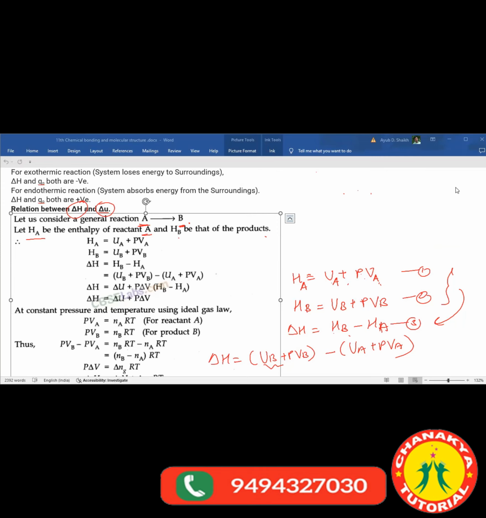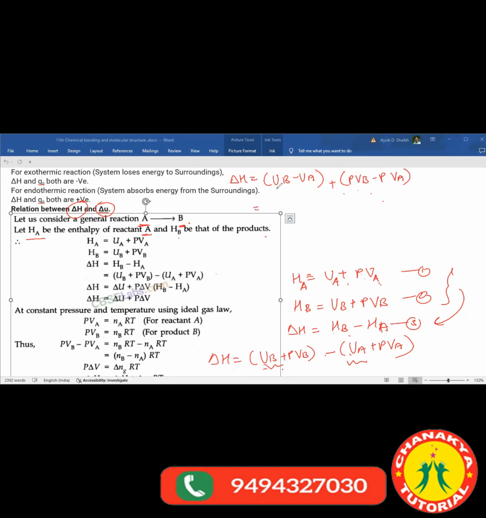Now check what you have to do with this. Delta H is equal to UB minus UA. I have taken UB and UA together with a minus sign in between. And the PVB and PVA terms I am going to take into another bracket, and as the minus sign I already took into the bracket, I write it with a plus sign. Here I get PVB minus PVA.